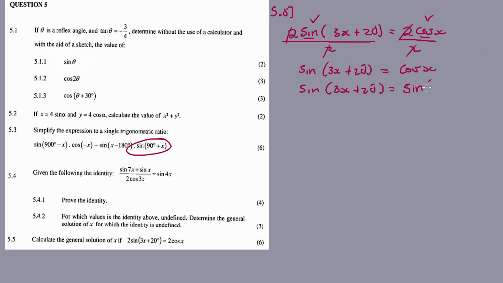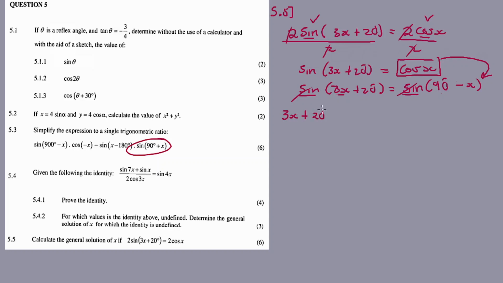I need to write cos as a co-function, so it's sine of (90 degrees minus x), which gives us cos back. That way we have one trigonometric ratio. The angles 3x plus 20 and 90 minus x are not the same, so we just drop the sine.